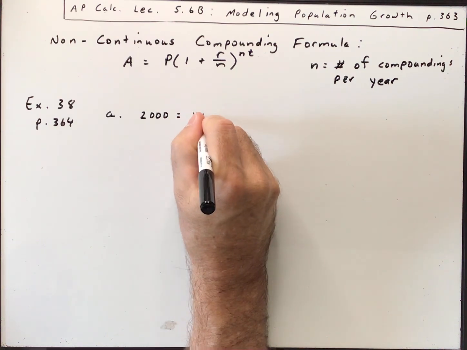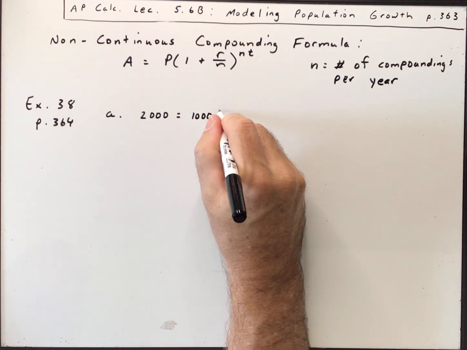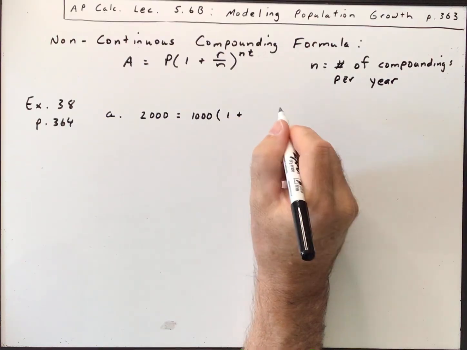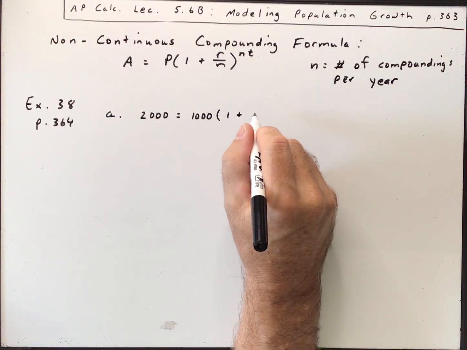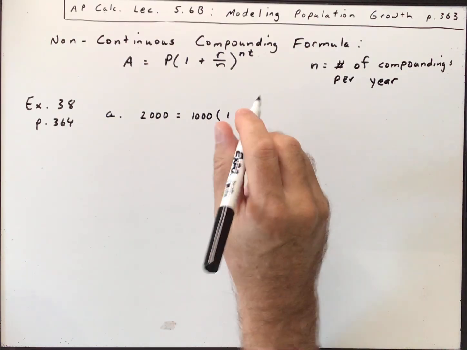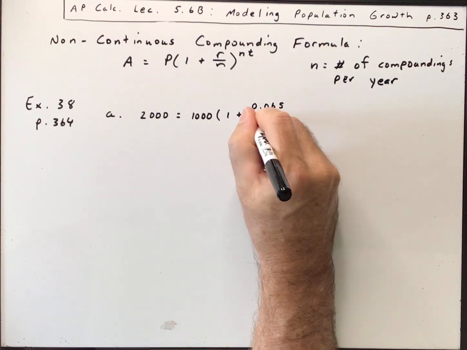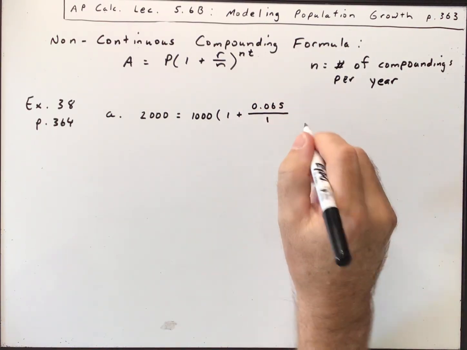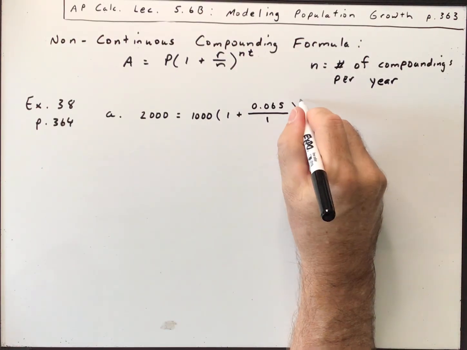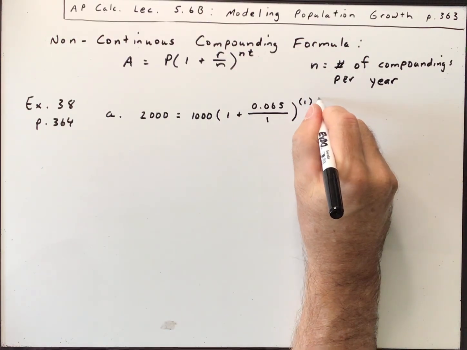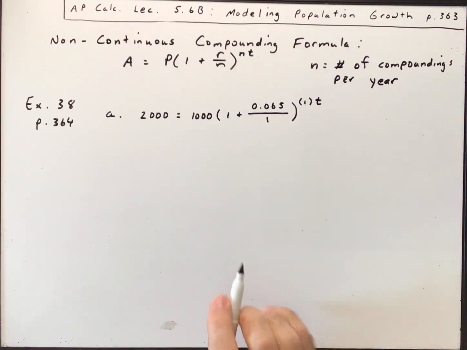2,000 is equal to 1,000 times (1 plus the interest rate, which is 6.5%, so 0.065). If it's compounded annually, that's 1, so n is 1, and we want to solve for t.